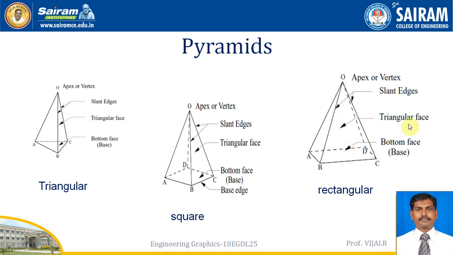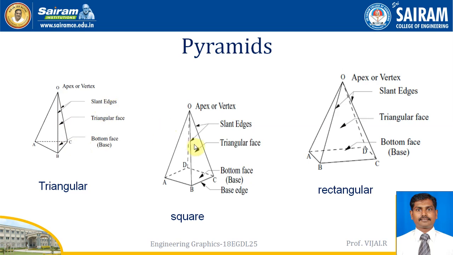What we have to see here, the very important things, are the slant edges. These are the edges which connect the corners of the base to the apex, and we call them slant edges. The other things are the triangular faces. These three important things are the bottom face, the triangular faces and the slant edges.